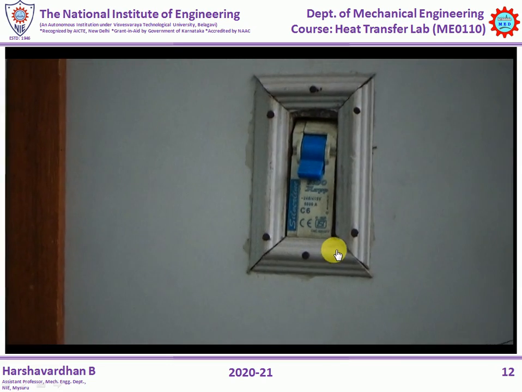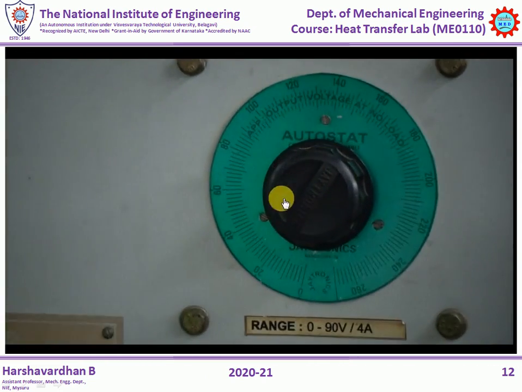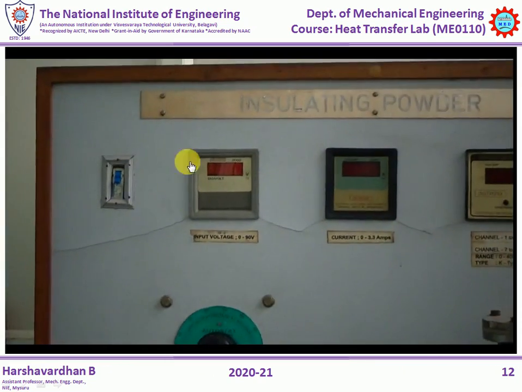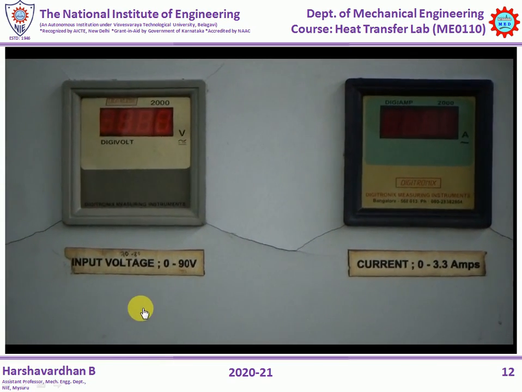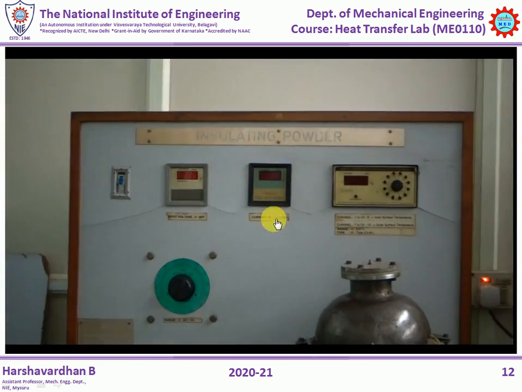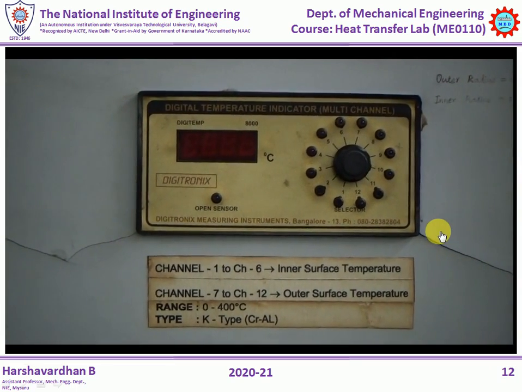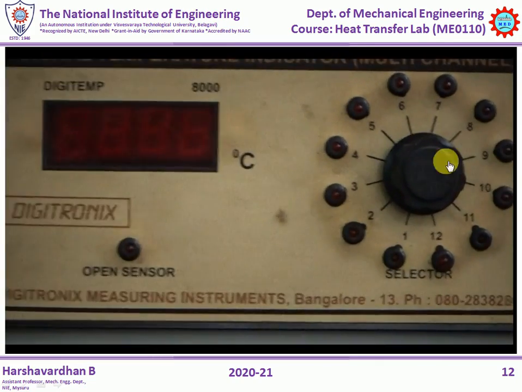This is the main switch which will supply electricity to the heater, and this is the dimmer start, which will be used to set the voltage and the current to the electrical heater. This is the voltage indicator and this is the current indicator, and the 12 thermocouple readings can be checked by turning the temperature knob here.